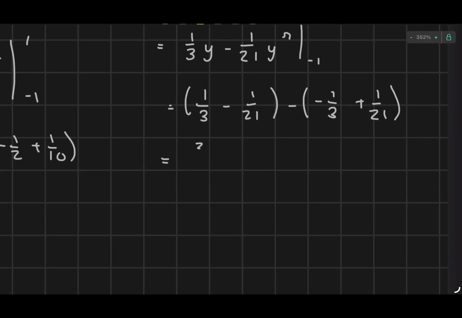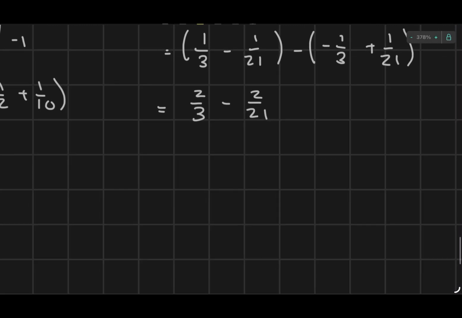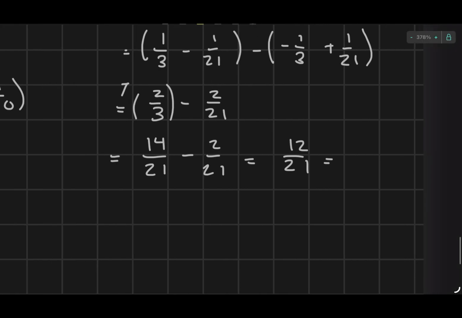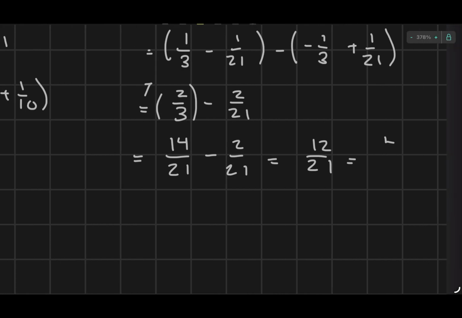This is going to equal 2/3 minus 2 over 21. Multiply that by 7 right here. That's going to be 14/21 minus 2 over 21, which is going to equal 12/21. Divided by 3, that's going to be 4/7.